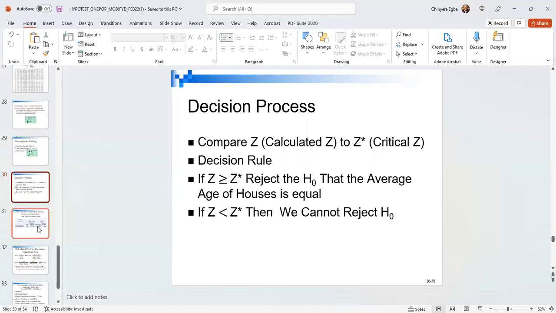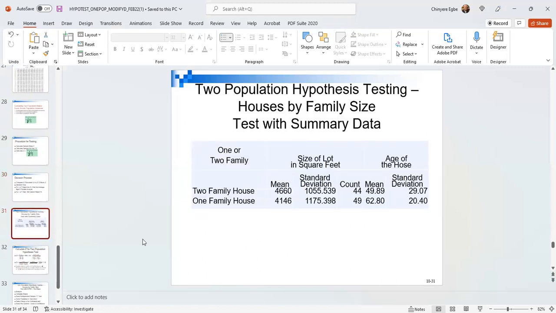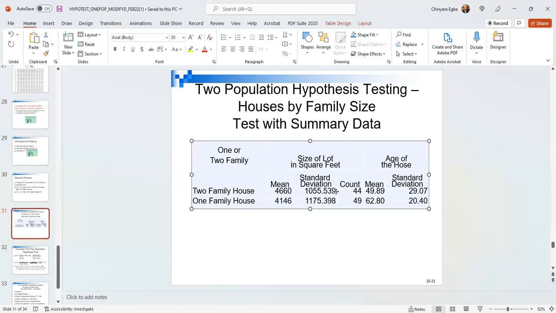And now I'm going to look at an example, okay? We have two family houses. We calculated the mean for one family houses compared to two family houses. So the mean here, for example, is 4,660. The standard deviation is 1,055. There were 44 houses in the two family houses. So we look here at average square feet of living space.